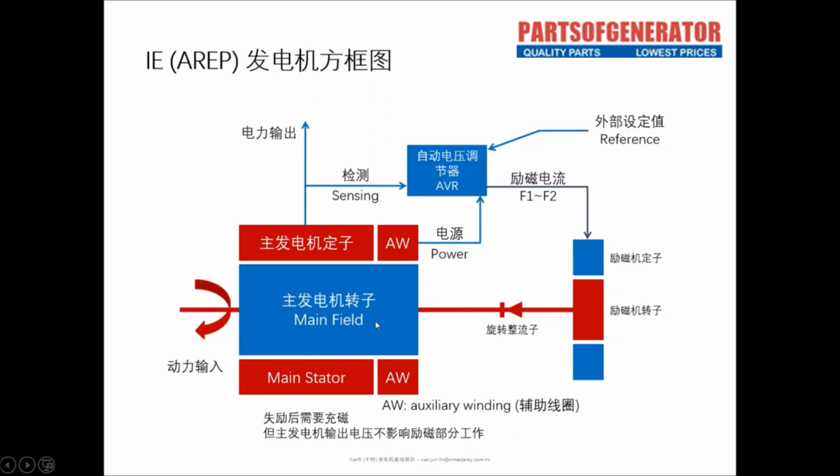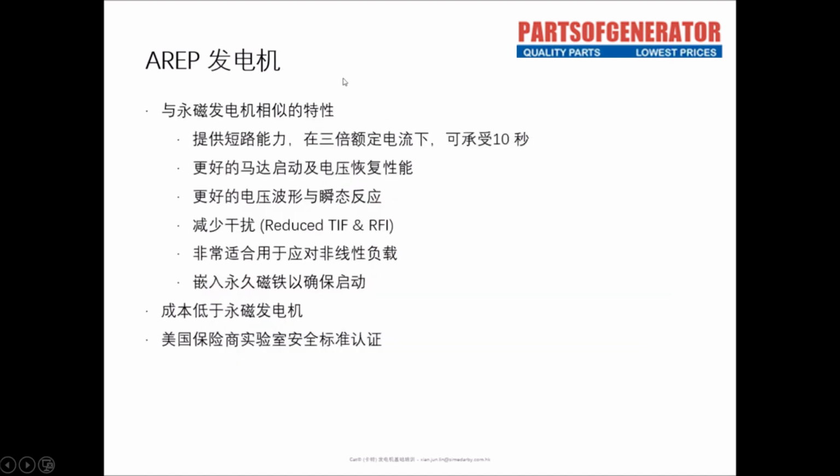This excitation method has the same disadvantage as the self-excitation method: if the main rotor loses its residual magnetism, it also needs to be magnetized, because the residual magnetism is needed to establish the voltage.